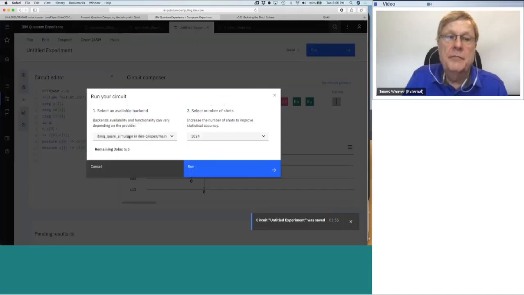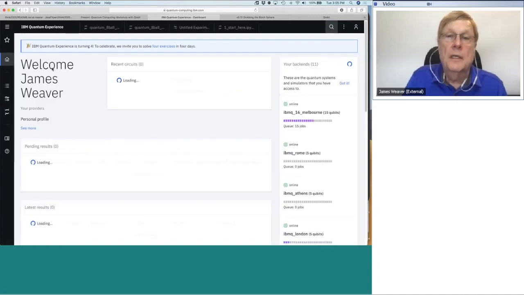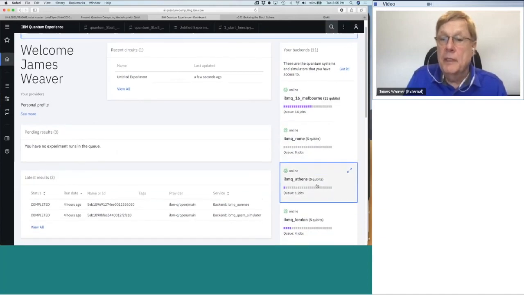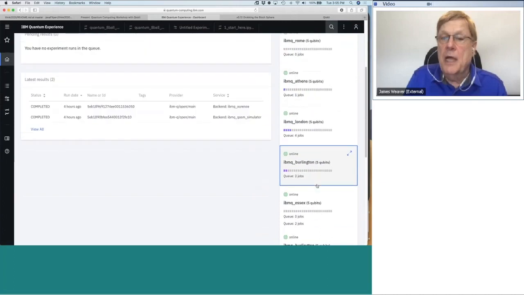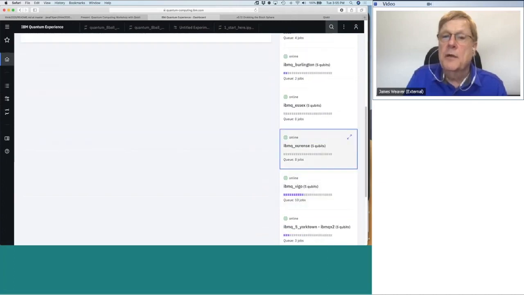I could select an available backend. So let's see what's available. I'm going to go to the dashboard and see over here are all the quantum computers that I have available. Notice how many jobs each one of them has in their queues. So here, I'm going to go ahead and pick on that one.